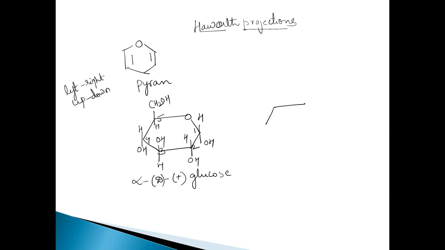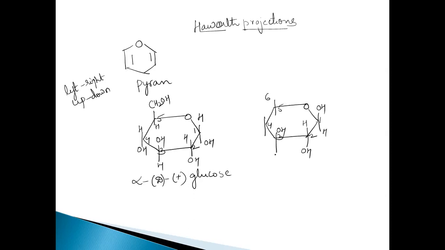And beta is the same here, only thing is differing in the configuration at the first carbon atom, right? That is what is beta. So I'll write everything the same, number them 3, 4, 5 and 6th carbon atom. Only thing is differing configuration at C1, that is the anomeric carbon, OH, H, H, OH.